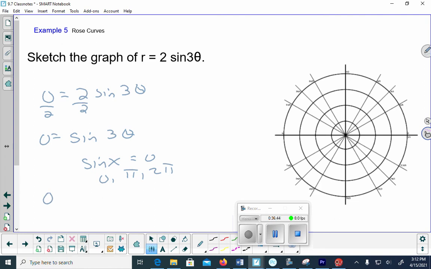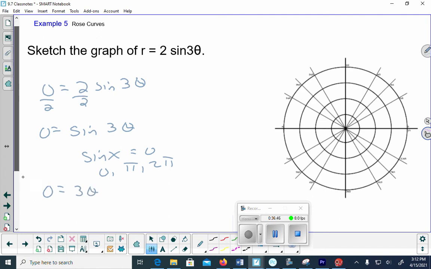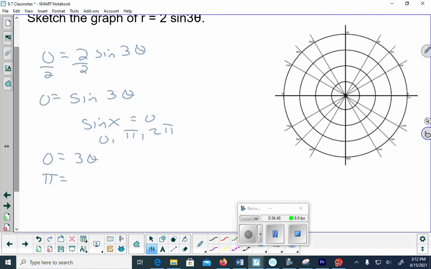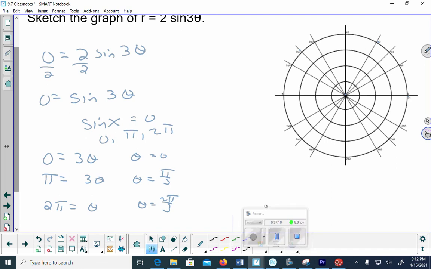So I'm going to set each one of those equal to 3 theta. And when I do that, I get theta equals 0, theta equals pi over 3, and theta equals 2 pi over 3. So at 0, pi over 3, and 2 pi over 3, I know I'm not going to have any petals. 0 is going to be my radius.